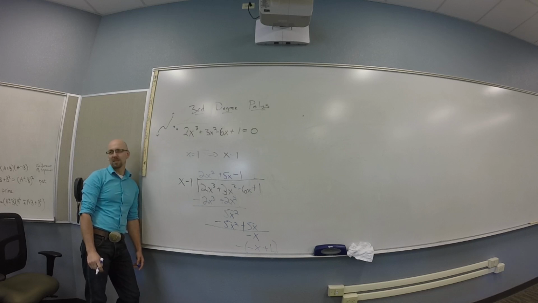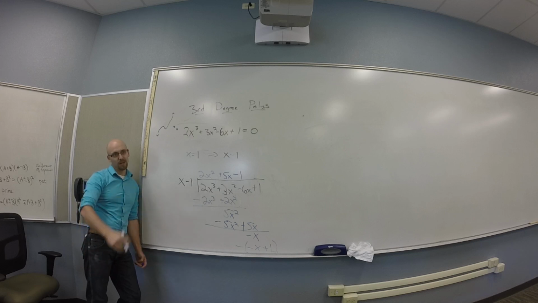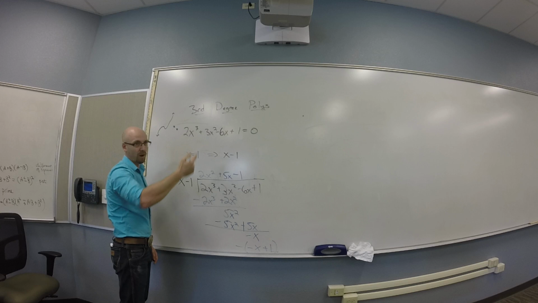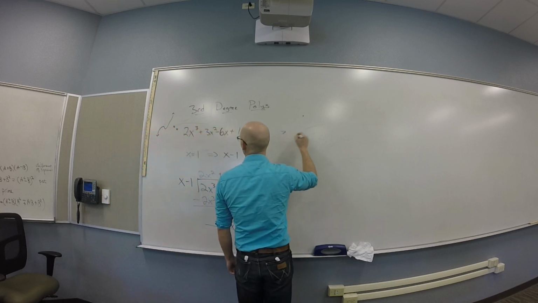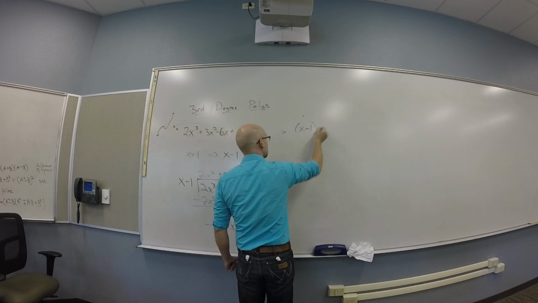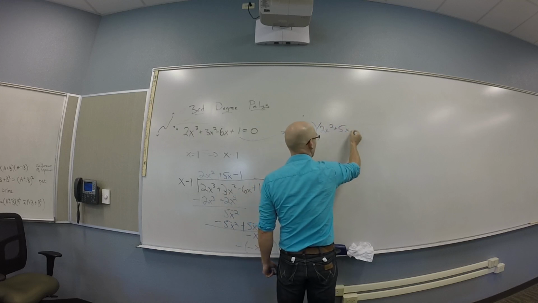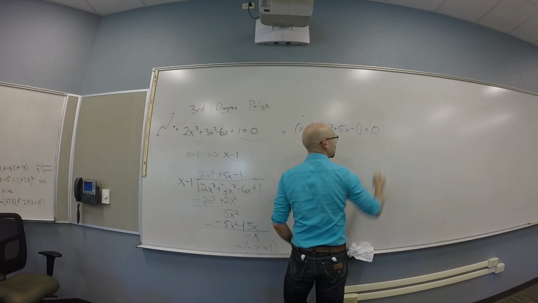How do I know I'm going to get remainder 0 here? Because x minus 1 was a root, so it should divide in there evenly. You guys see that? So really, I just factored this thing the hard way, right? So I know that this turns into x minus 1 times 2x squared plus 5x minus 1, and that's 0, right?